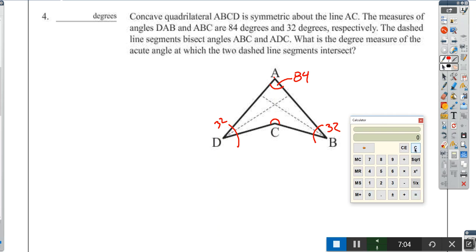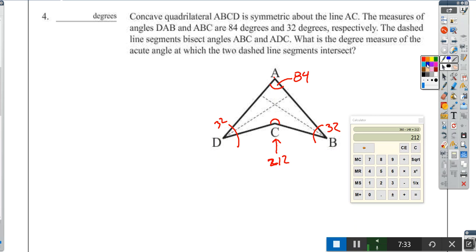Oh, geez. 148. There we go. So this has a measure of 212.